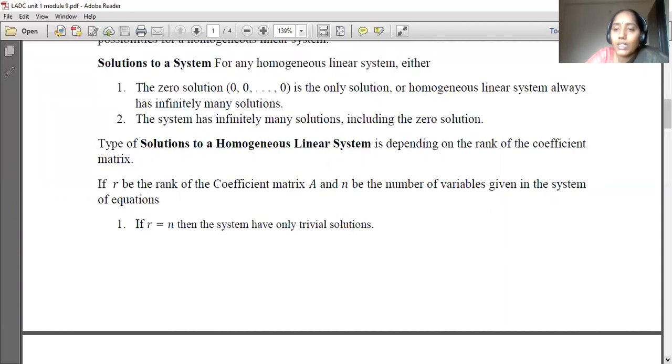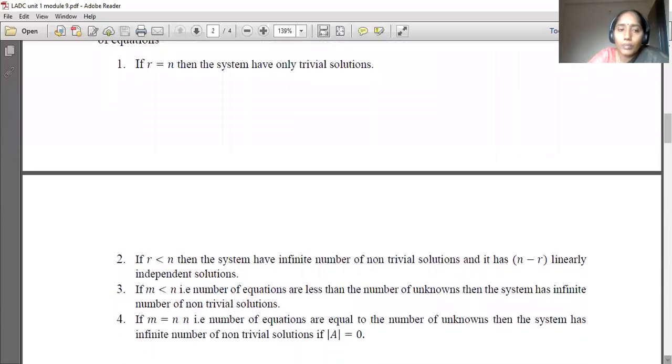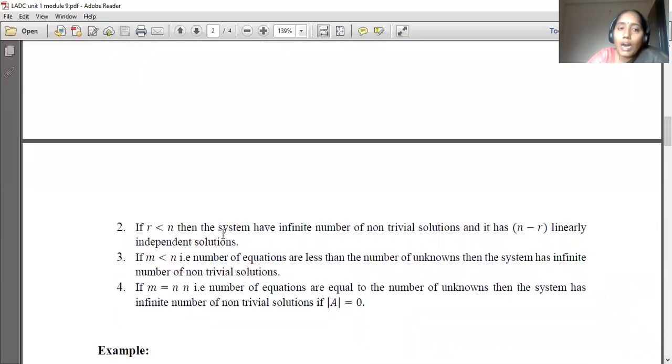There does not exist any non-trivial solution. If r is less than n, then the system has an infinite number of non-trivial solutions.